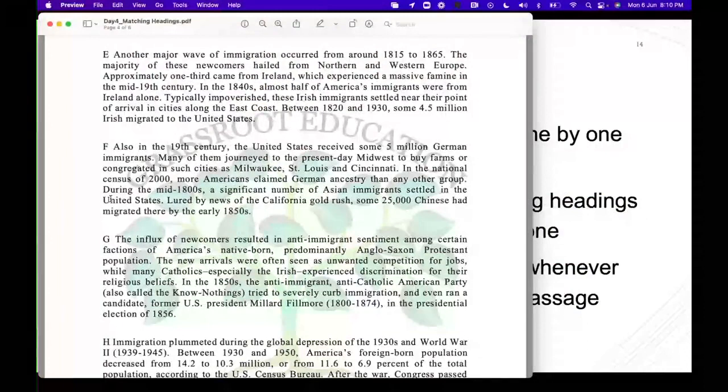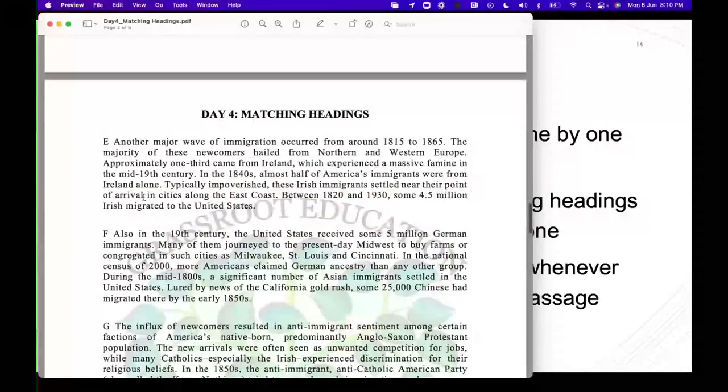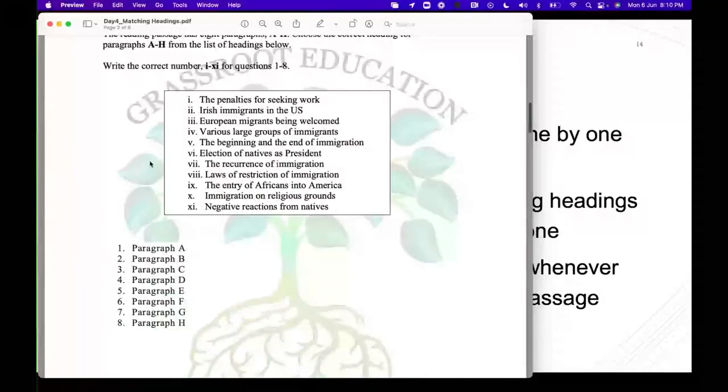You are supposed to identify the title for these paragraphs. The titles will be located before the passage here, and usually the number of paragraphs is lesser than the number of headings, which means certain headings will not be used at all. They may seem like headings to certain paragraphs, but they actually are not.